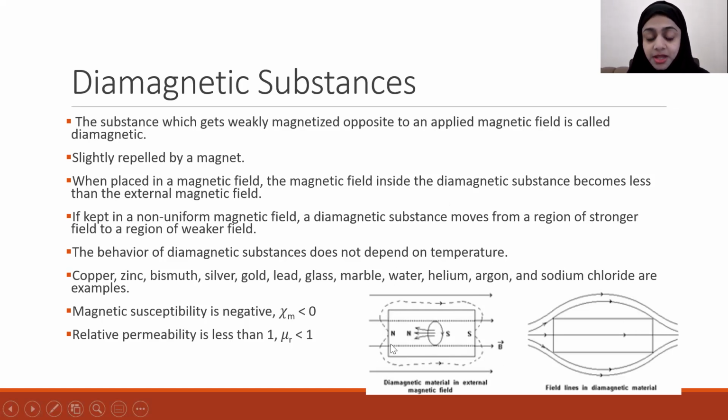Now, when we place a diamagnetic substance, as you can see here, the magnetic dipoles or small atoms or molecules which are present inside the diamagnet will develop a small magnetic dipole opposite to the direction of the applied magnetic field, as you can see here.